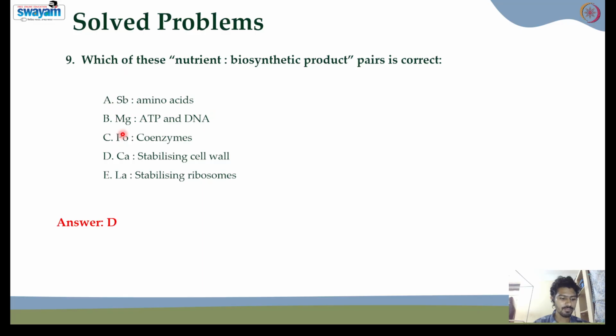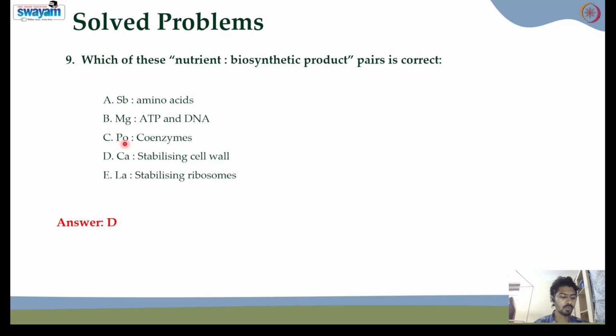Whereas magnesium is a metal which acts as a cofactor that binds to ATP, and it catalyzes the process. So it does not produce ATP or DNA. Magnesium acts as a cofactor and binds to ATP rather than being the product. That is why option B is false.